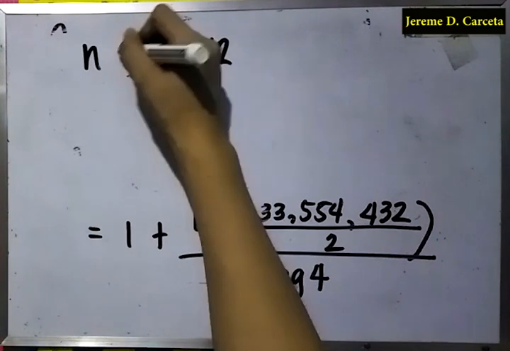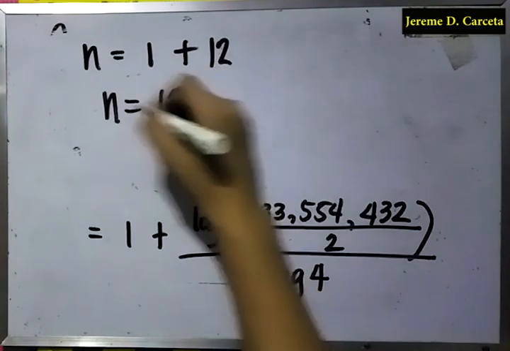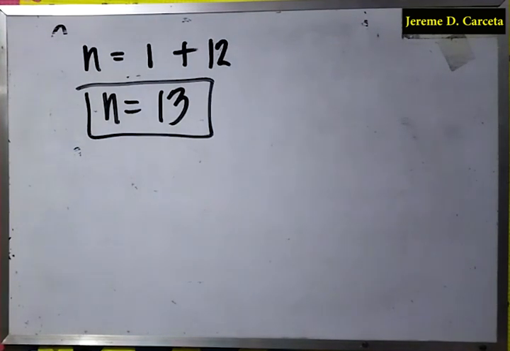So again, you have n is equal to 1 plus 12, which is also equal to 13. So we got the same value of n. Therefore, 33,554,432 is the 13th term of the given sequence.